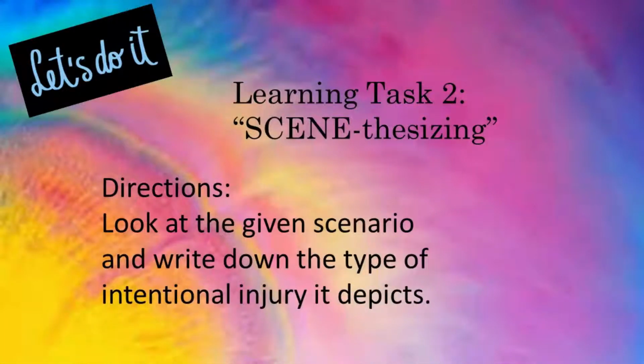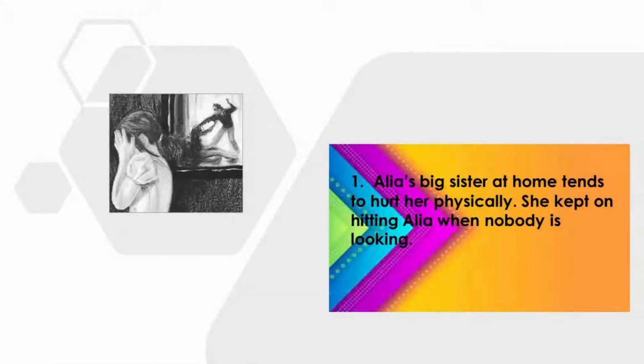Let us do activity 2, synthesizing. You will need your paper and ballpen for this one. Directions. Look at the given scenario and write down the type of intentional injury it depicts. Number 1. Aaliyah's big sister at home tends to hurt her physically.